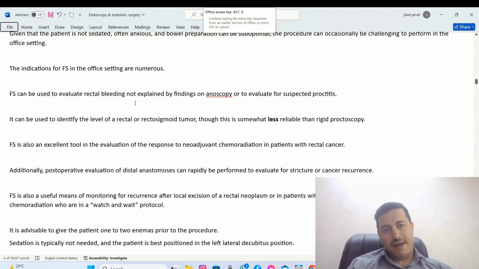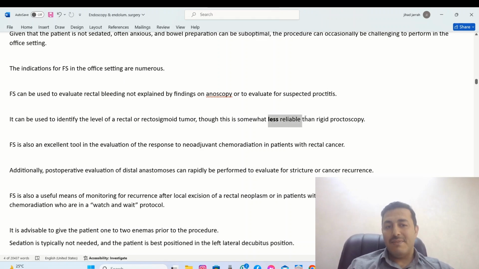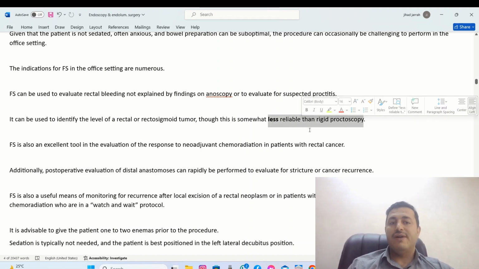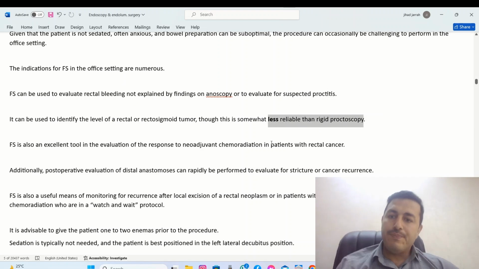Actually, there are many indications. These are bleeding that is not explained or detected on anoscopy or anal exam. Also, level of the rectal tumor. Again, we said that it is less reliable when we compare it to the rigid proctoscope.